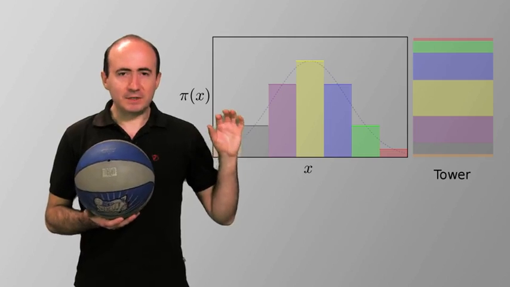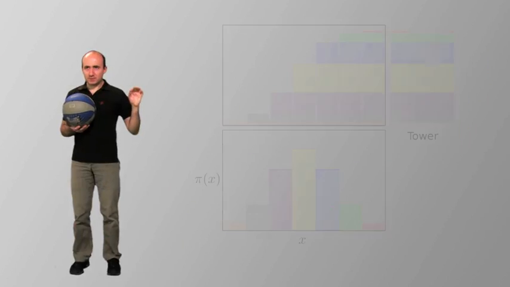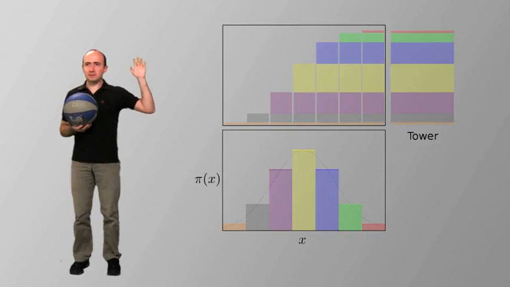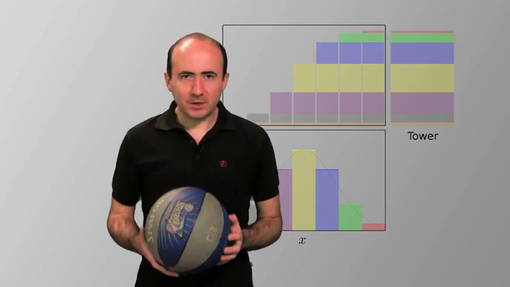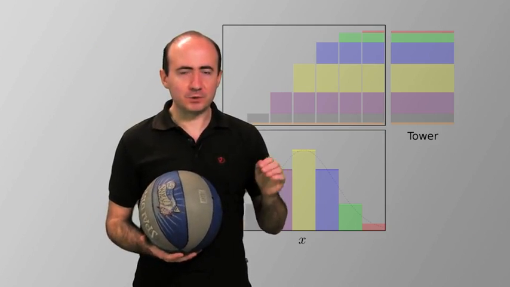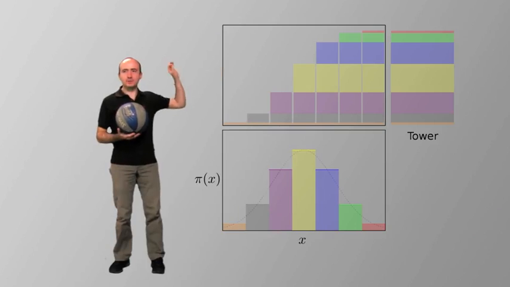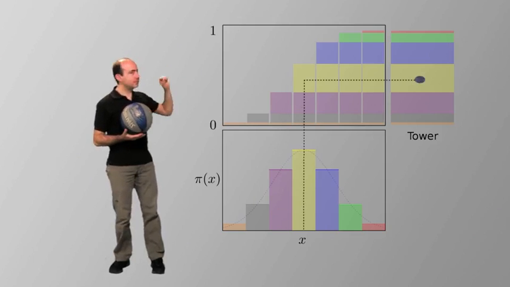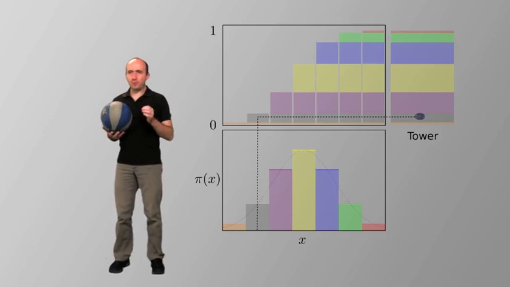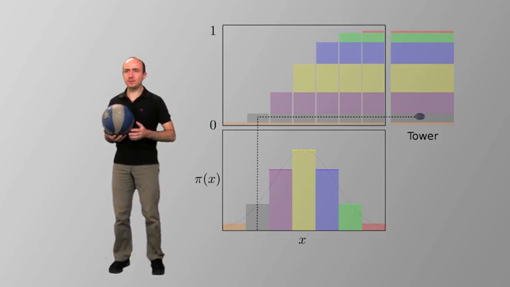To keep track of these x positions, the best way is the one which is displayed here. Again, if we place a pebble randomly between the bottom and the top of the tower, which we can take equal to 1, we will fall in the red box with a probability which is proportional to the height of this box.